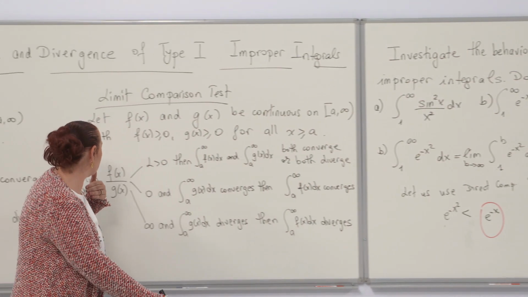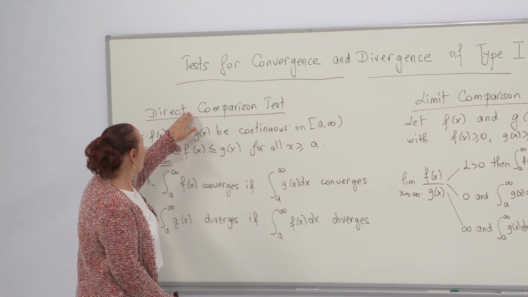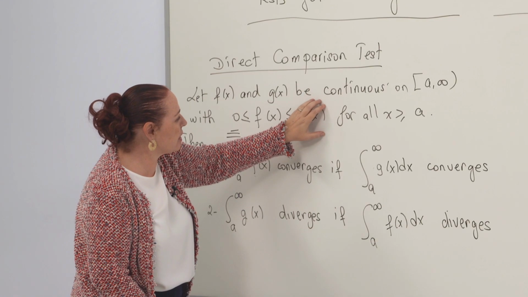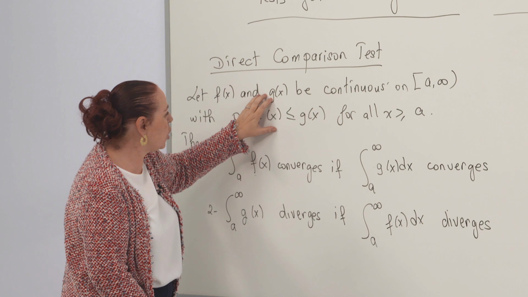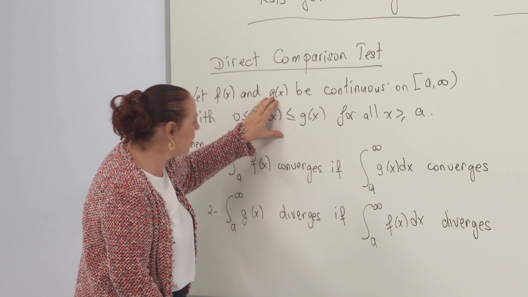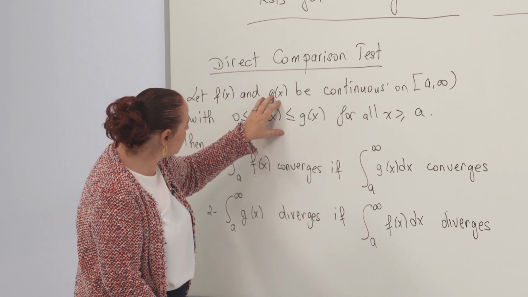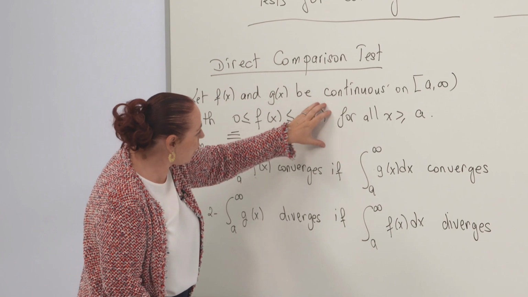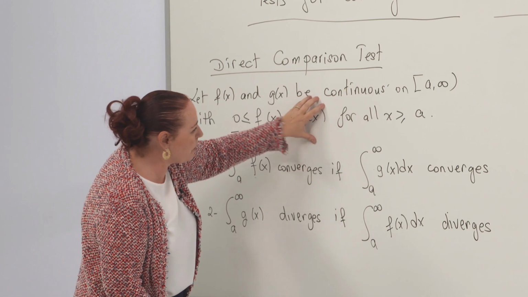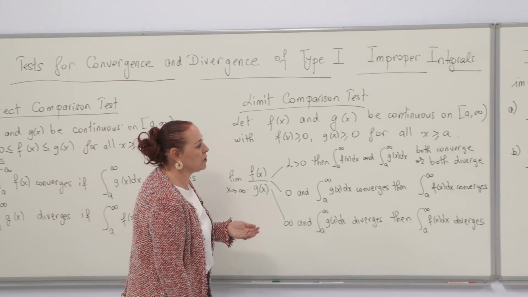I go back to my direct comparison test. If this improper integral converges, this will also converge. If this diverges, the test is not going to work. If this improper integral diverges, this will also diverge. If this converges, we don't know what will happen to this. The test is not going to work.